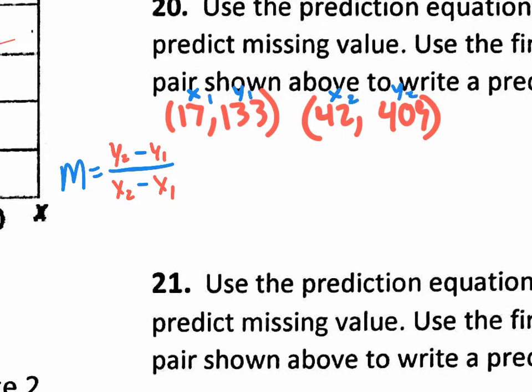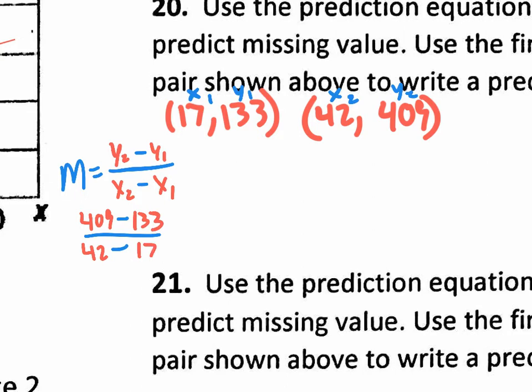Second point, put the 2s on them. So I highly recommend to always begin your slope with the division and the subtraction symbols, and then plug in your values accordingly. So let's go with the y2, which is 409, the y1, which is 133, the x2, which is 42, and the x1, which is 17.